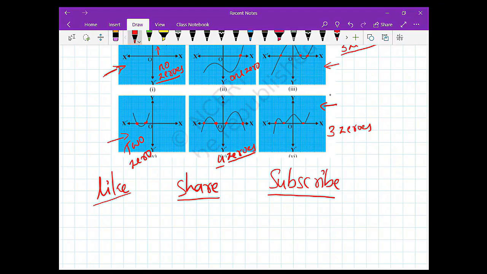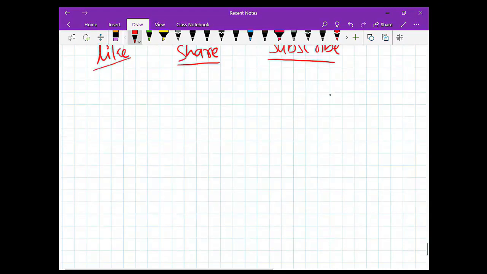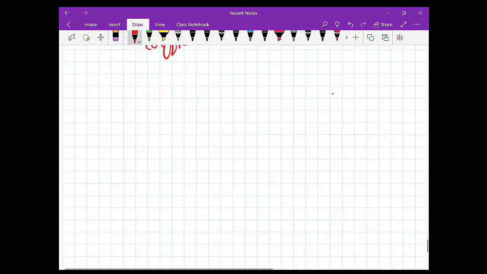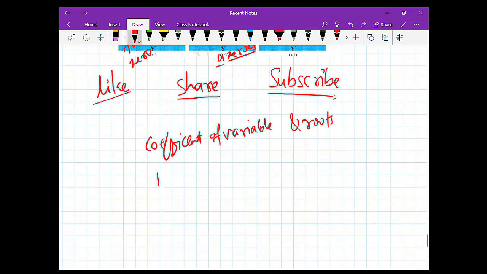Yes, tomorrow we will discuss the relation between the coefficients and roots of the polynomial, and exercise 2.2.